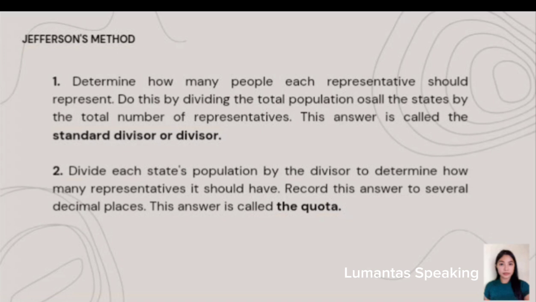The outcome of this calculation is known as the quota for each state, representing the ideal number of representatives based on population. It is very important to record these quotas with several decimal places because the decimal values are crucial for the next steps of the method, impacting how many representatives each state ultimately receives.